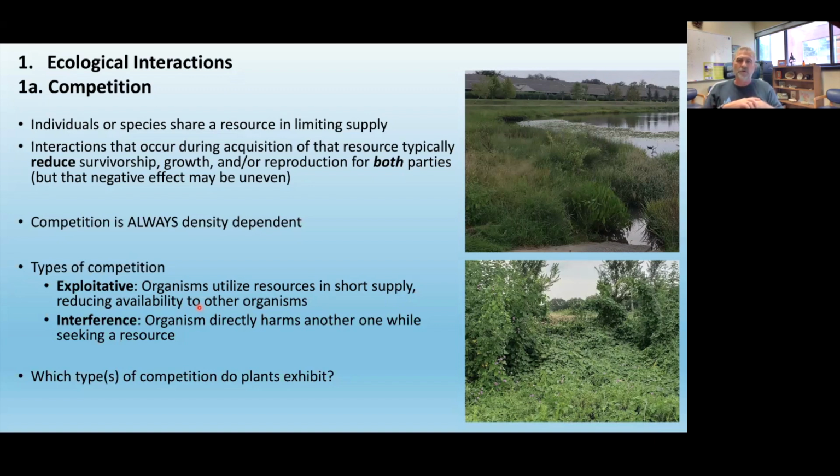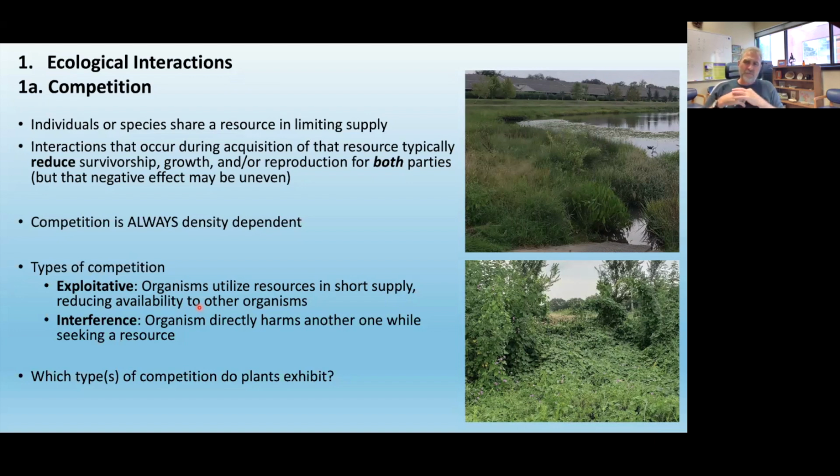And so there can be competition that's exploitative. If you've got only a certain amount of a limiting nutrient, for instance, then the plant that's better able to access that limiting nutrient is probably going to get more of it, which is going to leave the other species in a little bit of a lurch, so to speak.